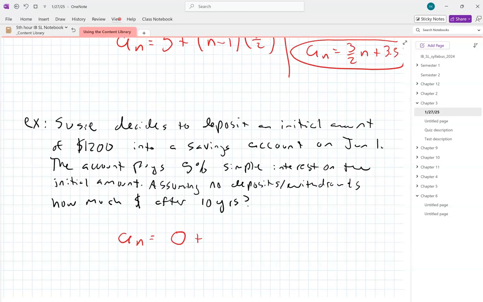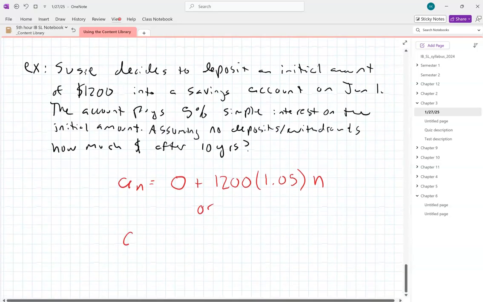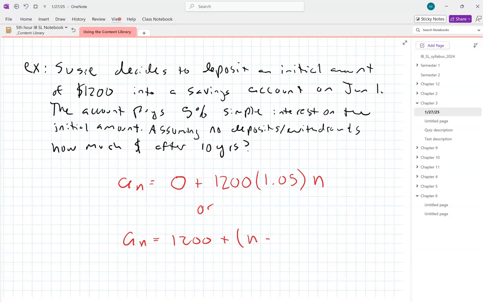And then we're going to pay 5% each year on that, 5% of that $1,200 each year. Or you could write it this way. It's the same formula either way.